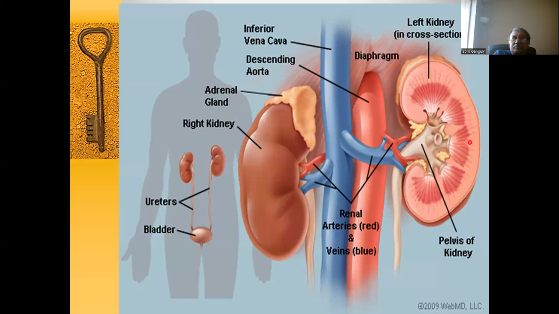The structure that you're looking at here is the mid-coronal section of the kidney. The anterior half of the kidney is removed. Now we are seeing the posterior half. This funnel-like structure that you see right here is the renal pelvis. And this middle structure you see is the medulla, a dark brown structure that looks like an upside down pyramid.